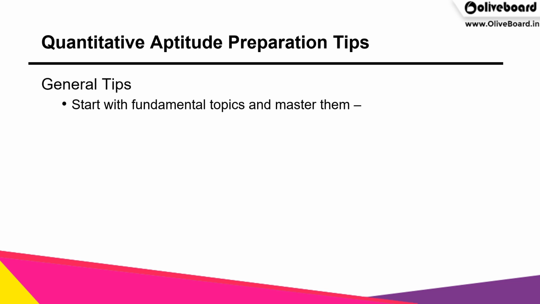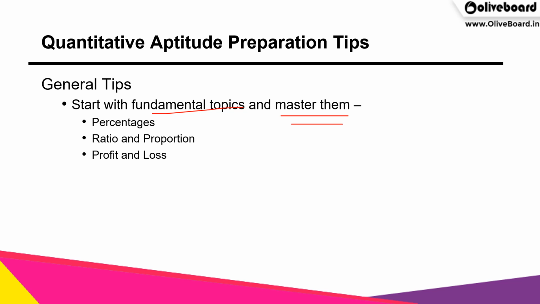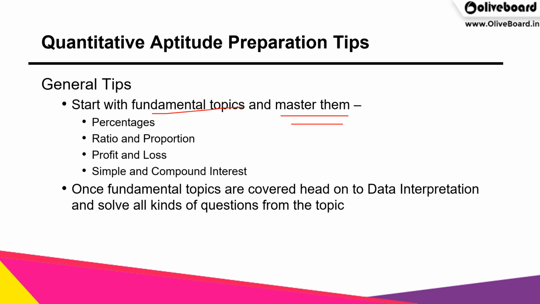So the general tips while preparing for quants: you have to first start with the fundamental topics and master them, which is percentages, ratio and proportion, profit and loss, simple and compound interest. Once you finish the fundamental topics, you can head on to data interpretation and solve all kinds of questions from the topics.